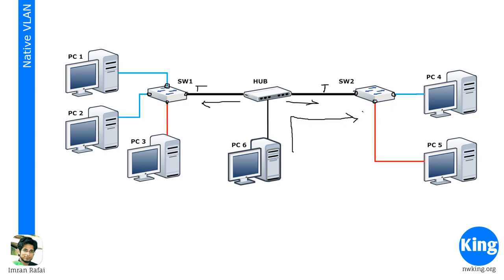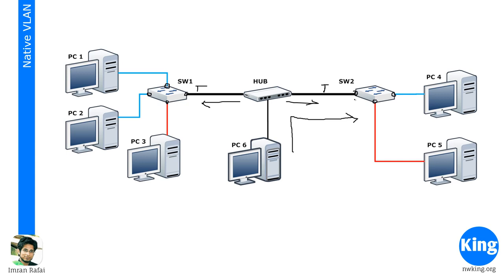This switch, this trunk port, says, okay, this is traffic coming from a switch, but that frame does not have a VLAN tag. Now, if there is no VLAN tag, which VLAN will that traffic go into? Will it go into VLAN 20 or will it go into VLAN 10, right? Now, the switch doesn't know that. How will the switch know?